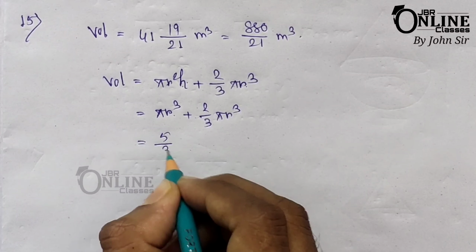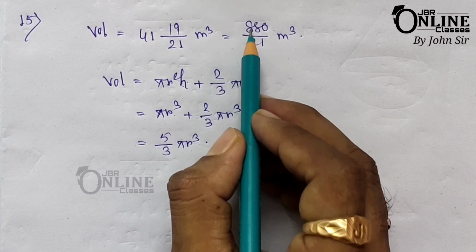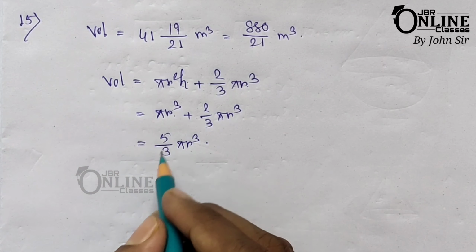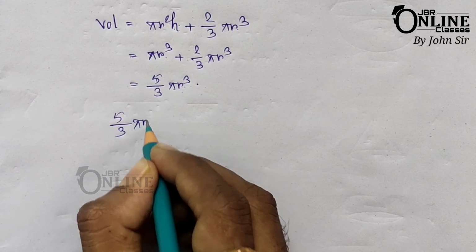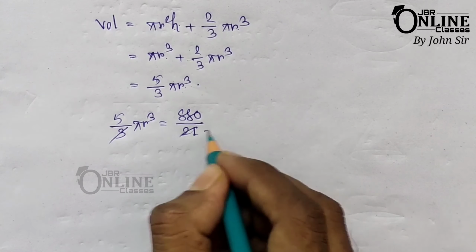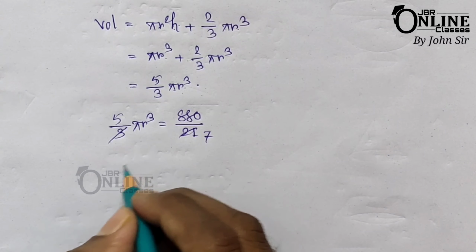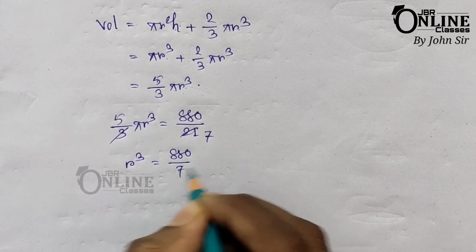After addition you will get 5 by 3 pi r cube. And as you know the volume is equal to 880 by 21, here the volume is equal to 5 by 3 pi r cube. So 5 by 3 pi r cube is equal to 880 by 21, and from that you will easily find out the value of r cube.